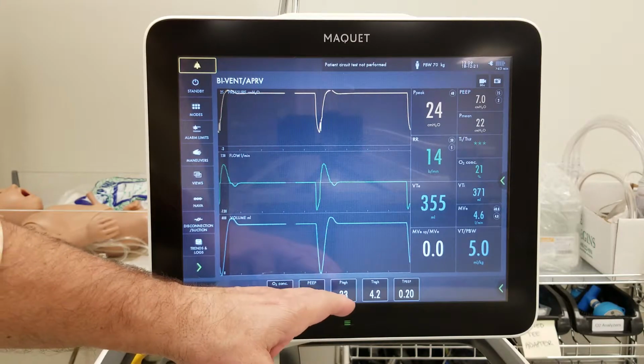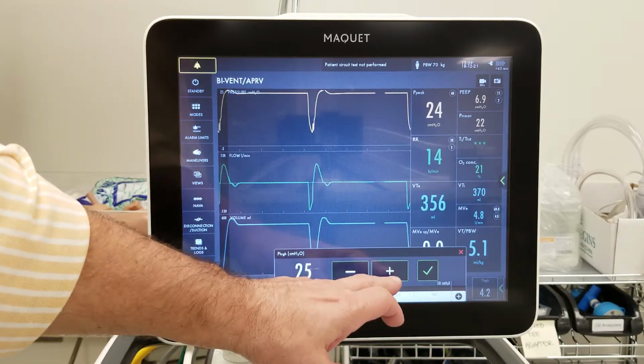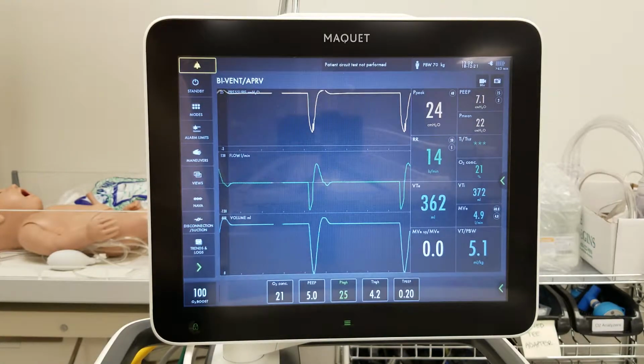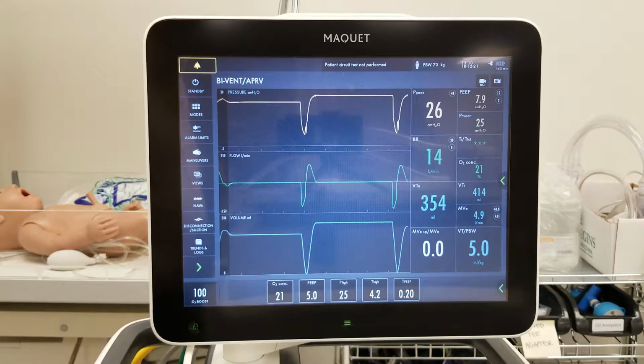So now, with having set that appropriately, or at least in the ballpark, we may have to bounce this around a little bit. We need to make a further adjustment in our P high, in our PIP. So let's give that a breath or two and see if that will get us a tidal volume we're happier with.